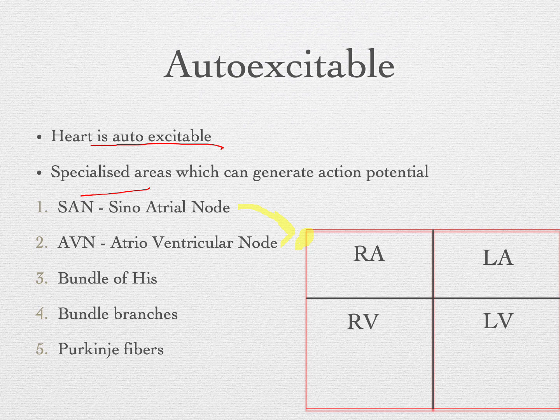The second structure is known as the atrioventricular node, which is present at the junction of the atrium and the ventricles. This transmits the signal from the atrium to the ventricles. The signal is then transmitted to a structure known as bundle of His, which then transmits the signals to bundle branches, and finally the Purkinje fibers, which run all along the ventricles.